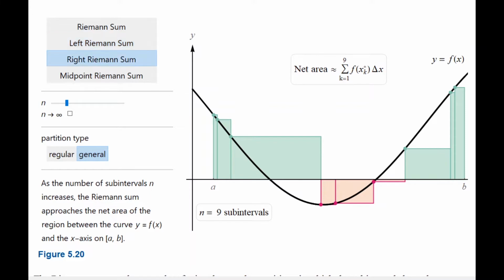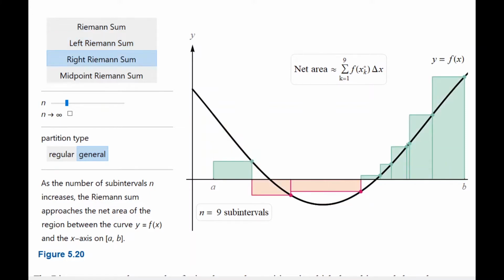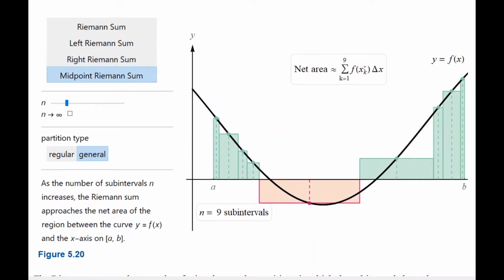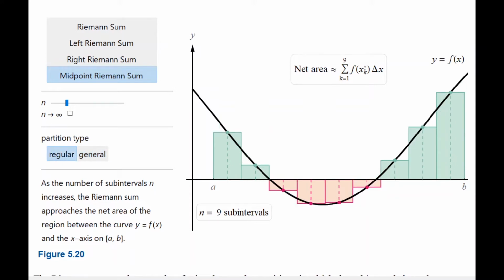And doing a right Riemann sum instead, we're evaluating the function at the right endpoints of all of these subintervals. We could also do a midpoint Riemann sum where we evaluate the function at the midpoint of each of the subintervals.